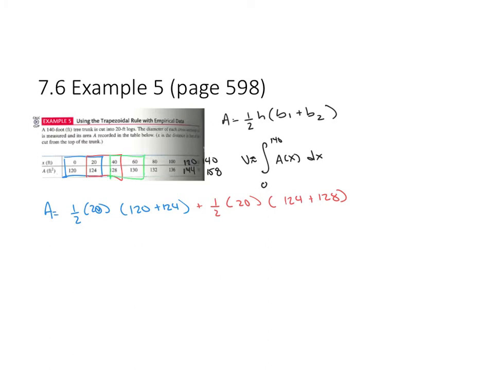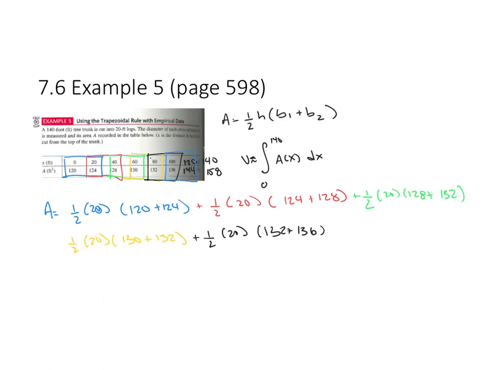Then the next one, my width is 20 again, and my bases are 128 and 132. My width is 20, and my bases are 130 and 132. My width is 20 again, and my bases are 132 and 136.